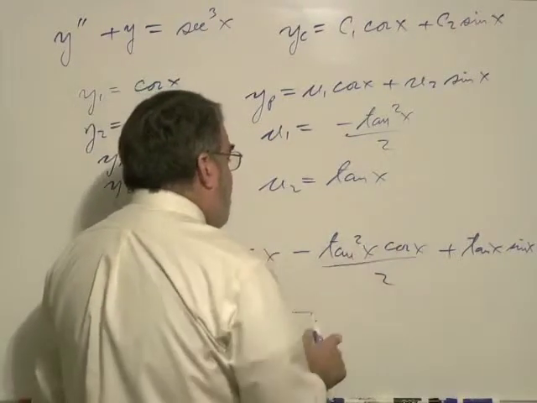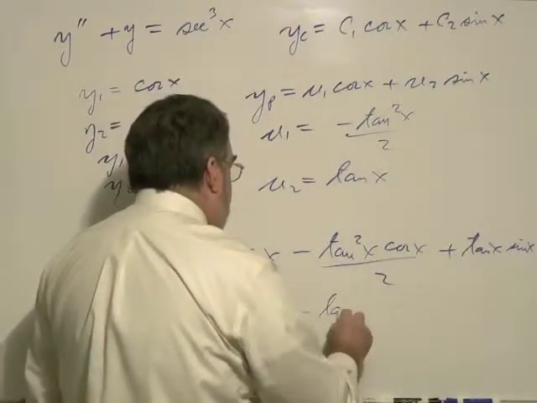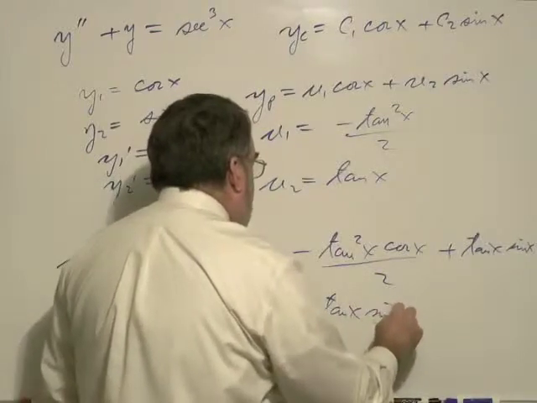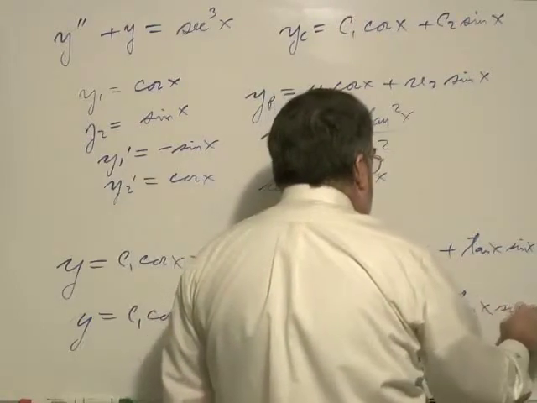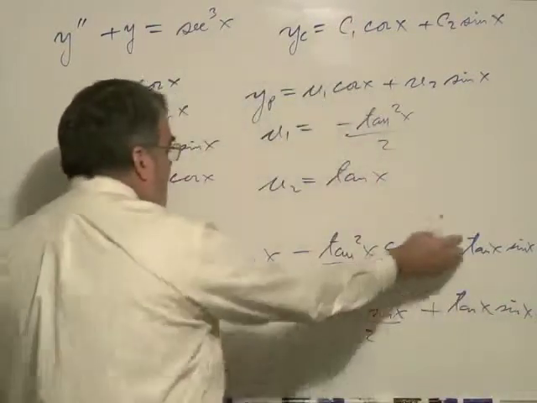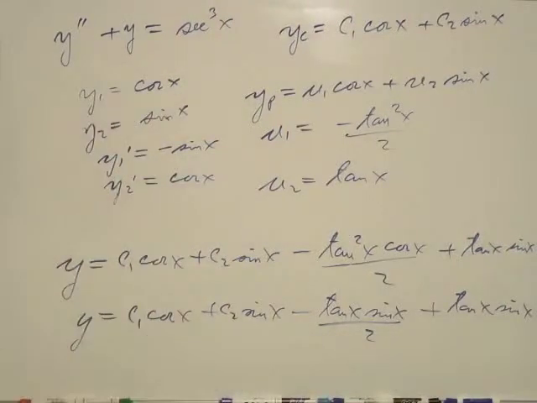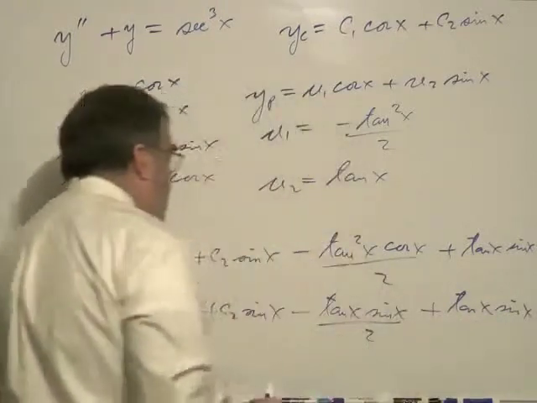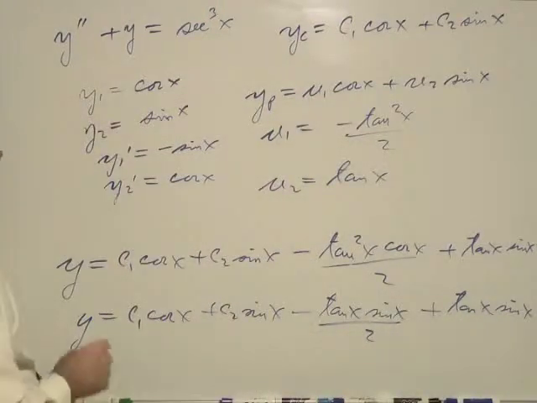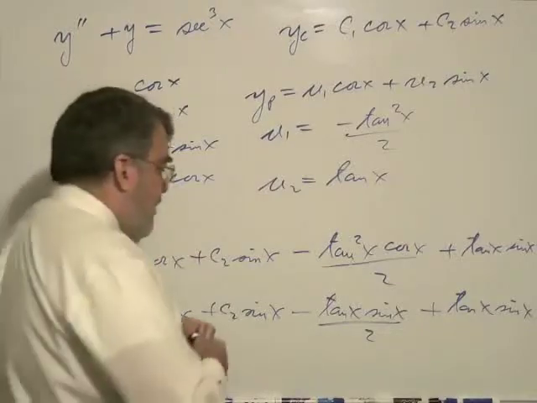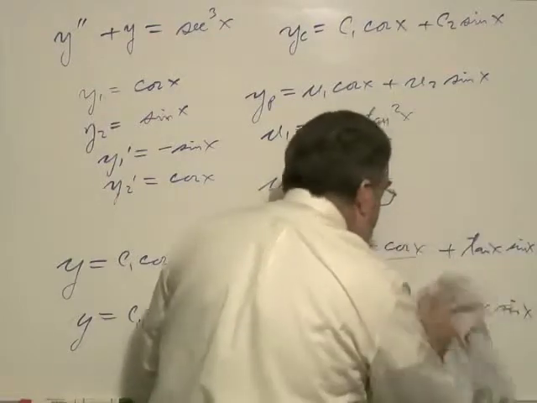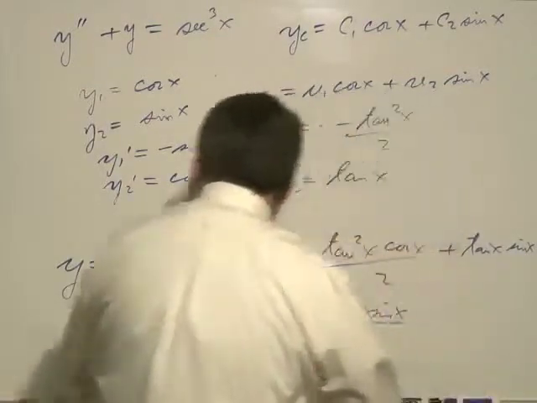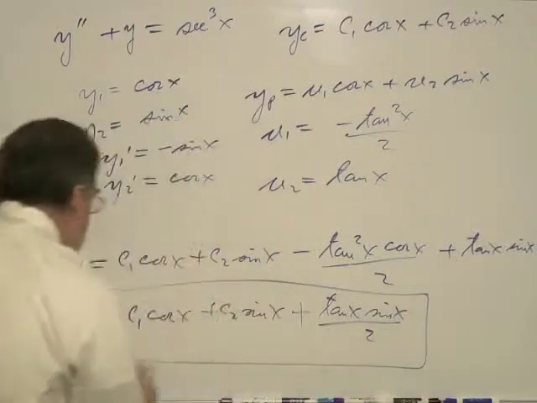So we'll get a tangent times a sine x minus tangent x sine x over 2. And then over here we have tangent x sine x. Isn't that interesting? These two terms are like terms. We can combine them together. So we're not done. We have one of these minus a half of those. So how about if I just do this? I'm going to make that a plus and erase that. And this should be our solution.